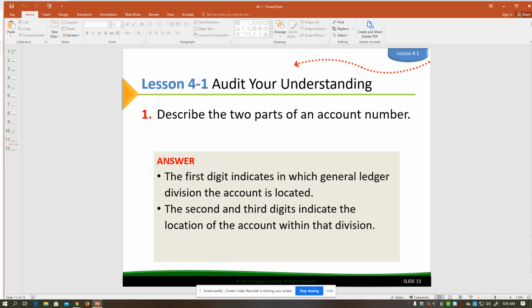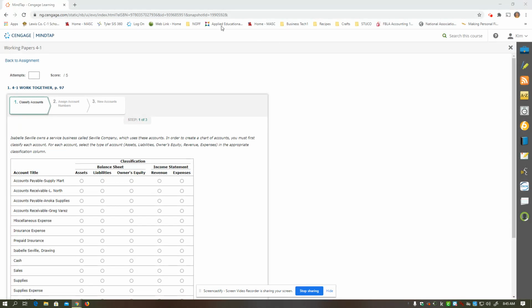So what I want to do next is go over our working papers 4.1. Okay. First thing is to classify accounts as if they belong in the balance sheet or the income statement. So if you have your textbook still, I would go to page 94. And the balance sheet accounts are assets, liabilities, and owner's equity.